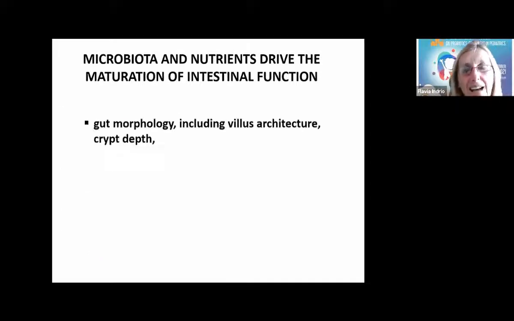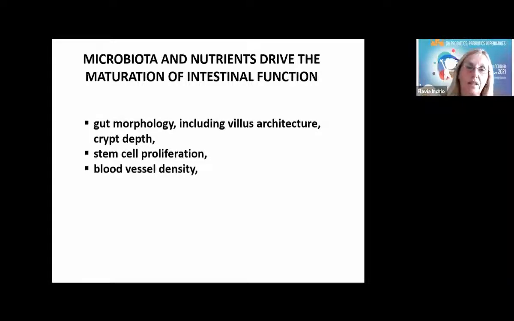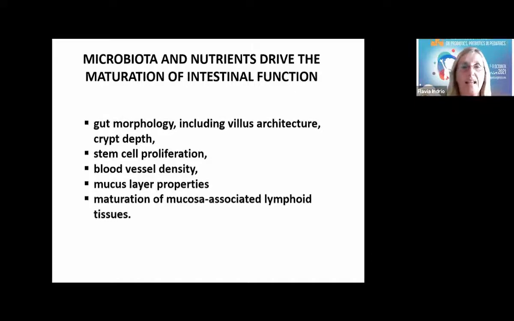So what exactly does the microbiota do? It changes and decides the gut morphology, including the villus architecture and the crypt depth, the stem cell proliferation, about which we will have some words, the blood vessel density, the mucus layer properties, and the maturation of the mucosa-associated lymphoid tissue, which from my point of view is the most important, because this modification of the immunity of the gut basically rules all the other functions.